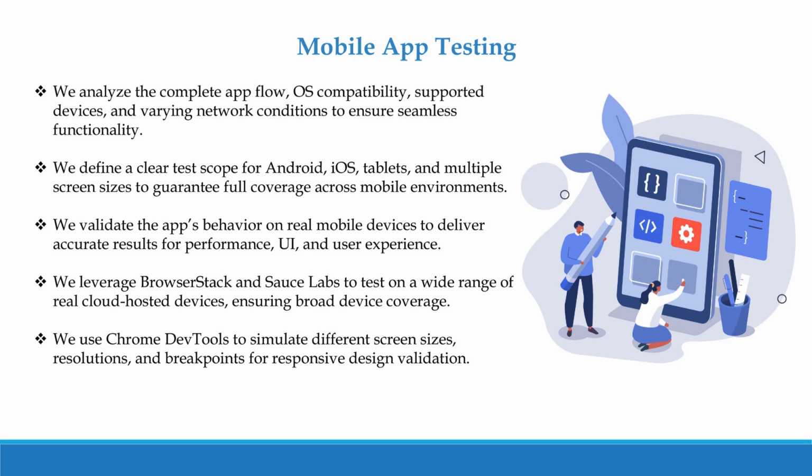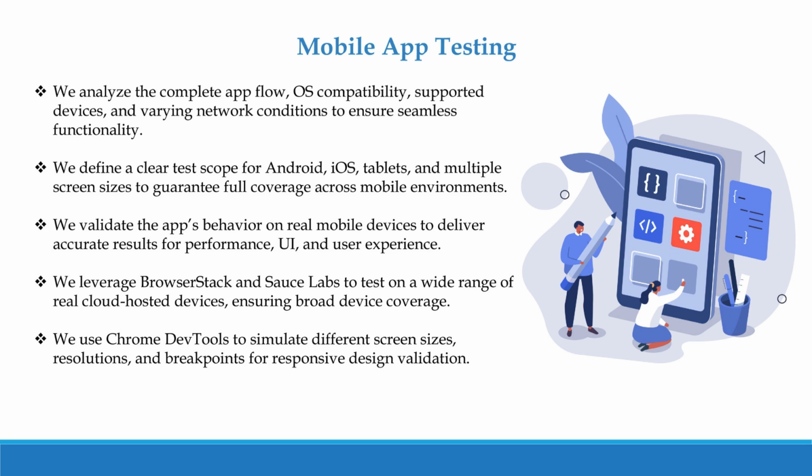Then comes mobile application testing. Here, our tester initially analyzes the complete application flow: what the OS compatibility is, which devices are supported, and how it works under different network conditions. These are the things covered in manual testing to give you complete coverage across different mobile environments.